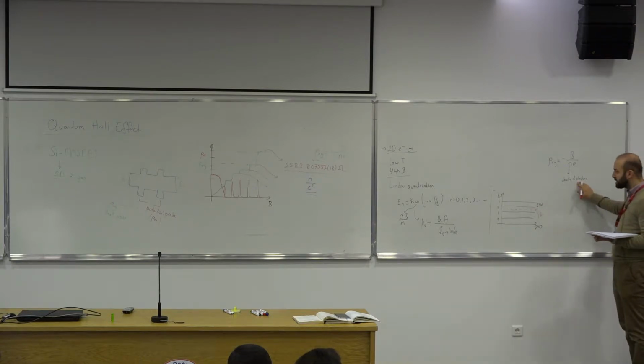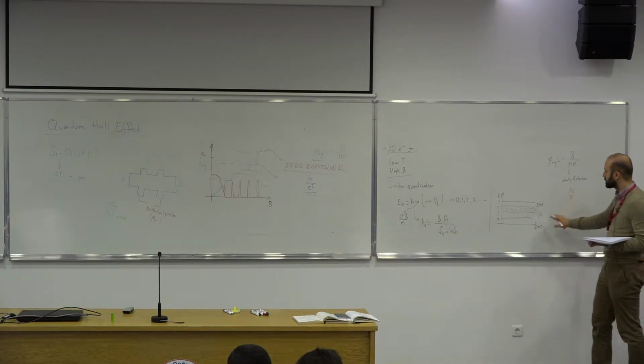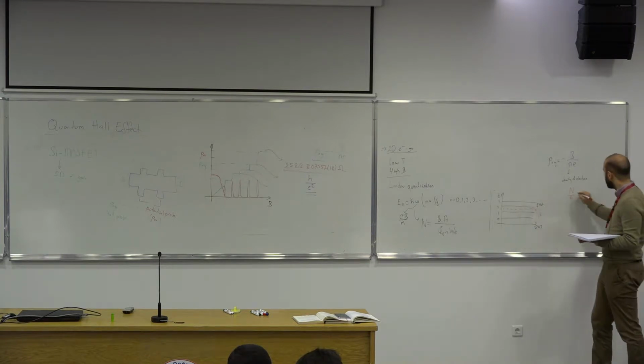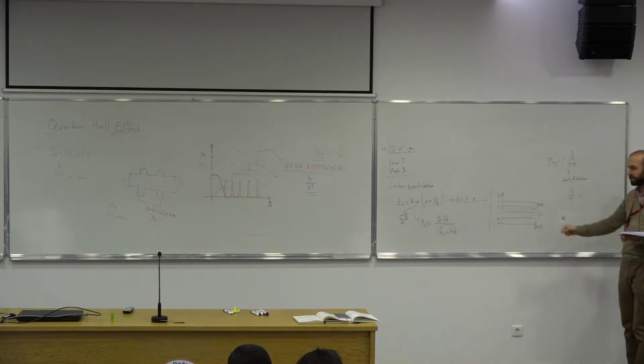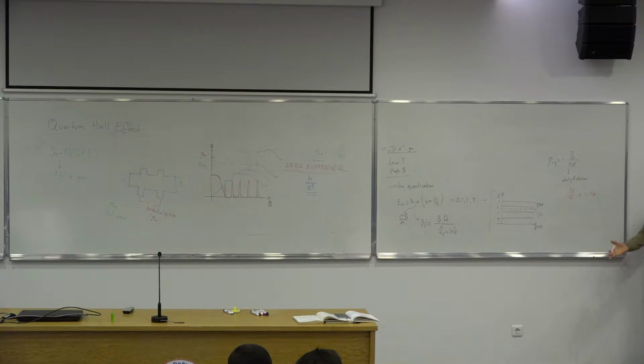So my density of electrons will be given by N over A, the density of electrons at each Landau level, times the filling factor, the number of Landau levels that I fill. So this will be the density of electrons. Simple, right? Is it clear?